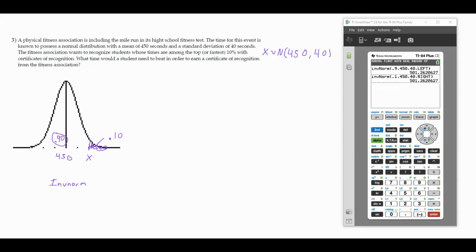So if we round that to 1 decimal, I get the time is 501.3 seconds, which would be the minimum time to be in the top 10%.